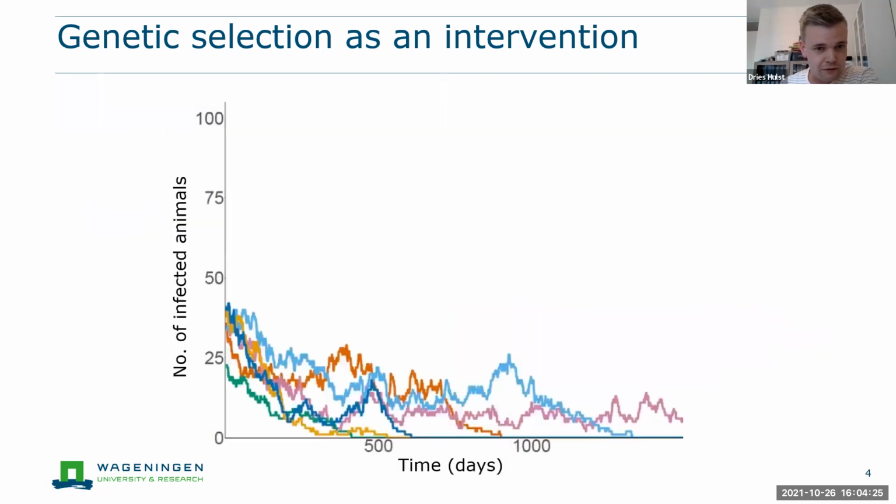I will very briefly give some results of that. This is one of the important graphs from the first paper. There are 6 different lines, each for a different herd, and in those herds we selected animals on low susceptibility.